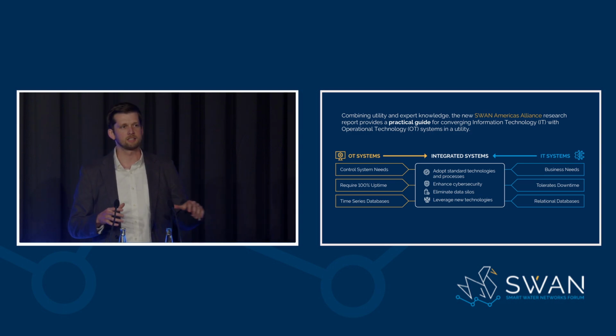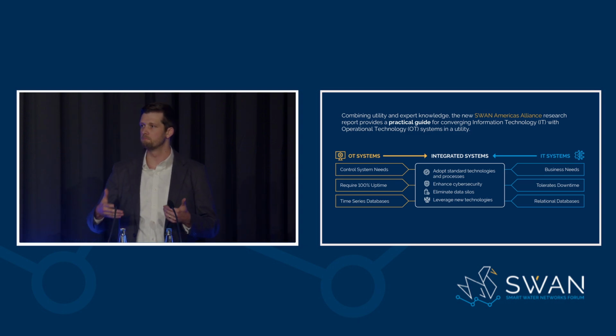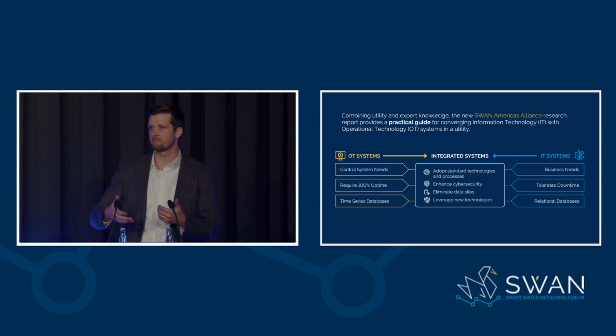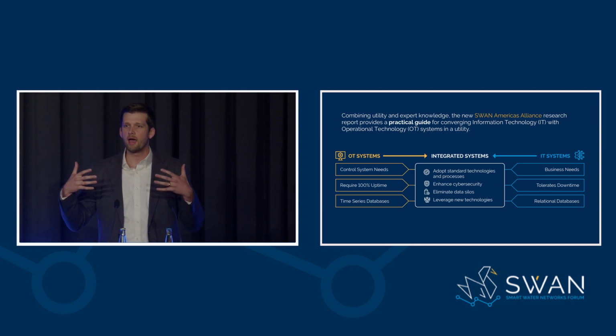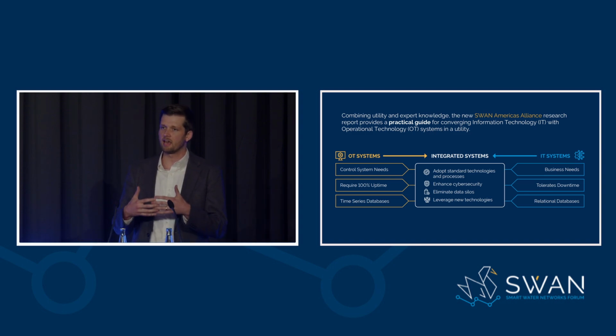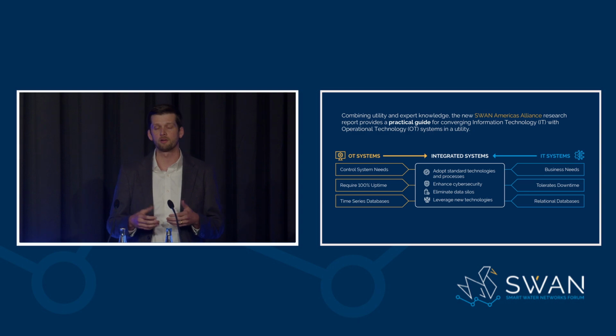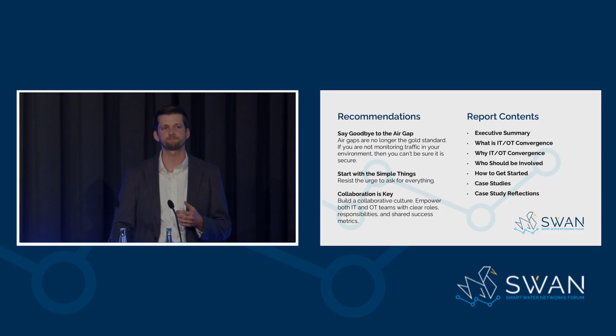Whereas these OT systems are our industrial controls. So these might be things that have been put together over decades, from the 70s, 80s, 90s, that are still in place. And so bringing this information together in an integrated way is not straightforward. But really the purpose of this report is to break that down.